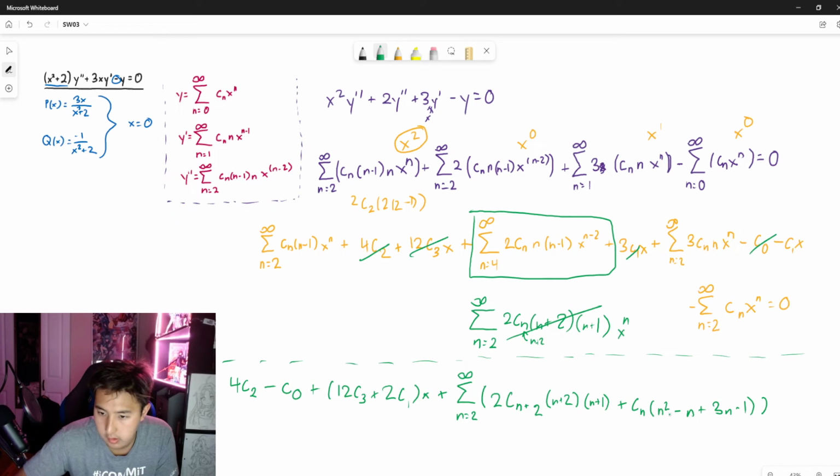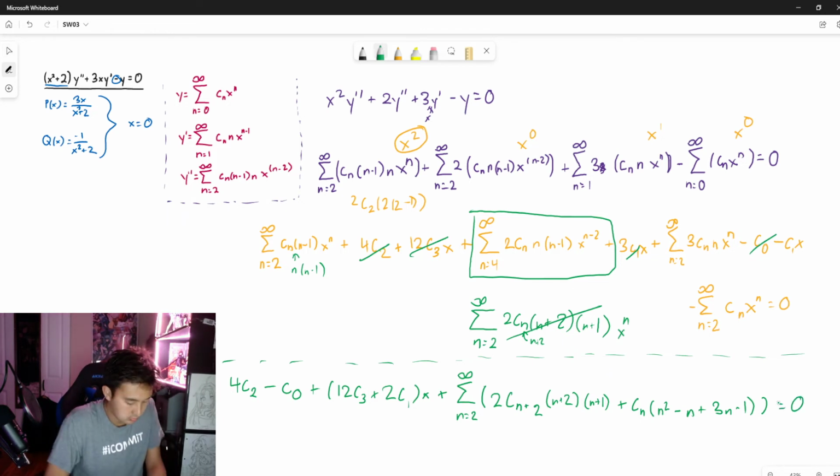But to explain why we have n squared, we're already combining like terms with this one. We have an n times n minus 1, so we wanted to combine that. I believe that should have been here. Then we have 3n, and then we have minus 1 right there. Okay, so that all is equal to 0.